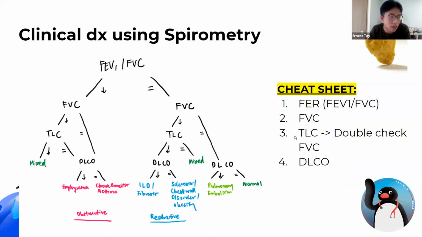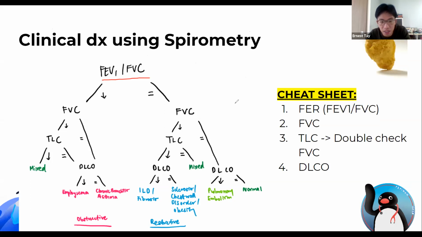Okay. And this is probably one of the most high-yield things you can take out of this. So, if anything, here's a cheat sheet for you to basically be able to answer any question in Monash land about spirometry. I'll just run through this very quickly. Essentially, when I get a spirometry, I'll have two values. So I'll have this and I'll have this.